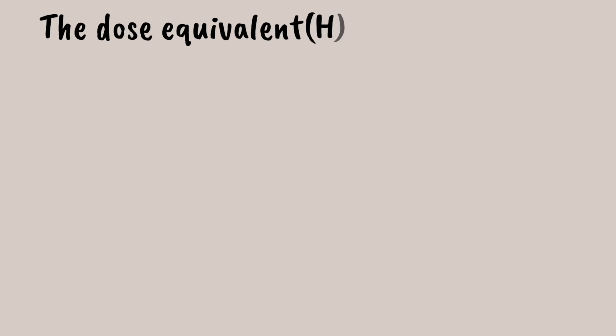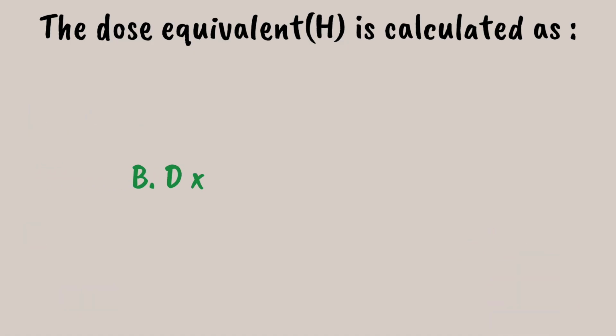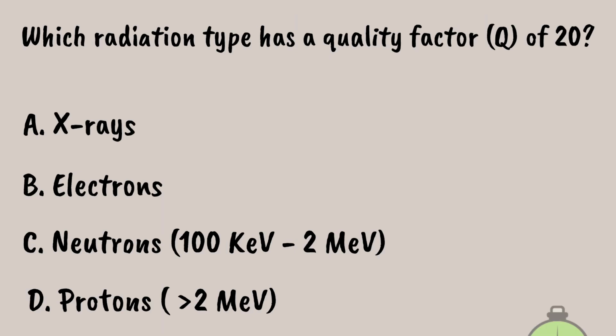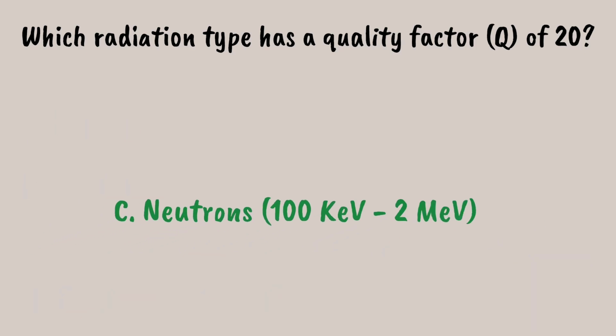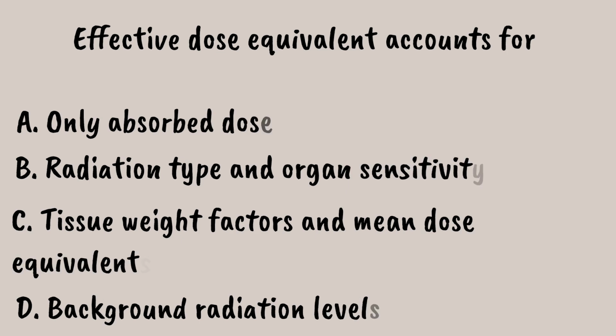The dose equivalent H is calculated as. Which radiation type has a quality factor Q of 20? Effective dose equivalent accounts for.